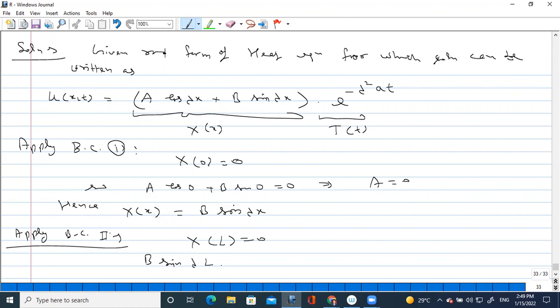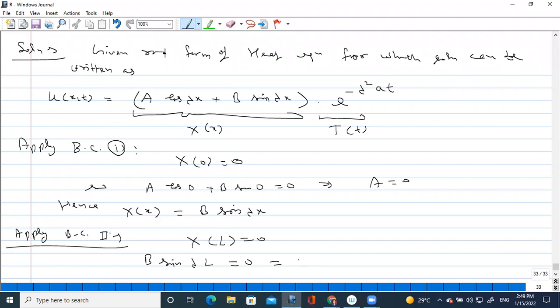B sin lambda L will be equal to 0. Now here b cannot be 0. If b is 0, then whole function will be 0. So that we cannot take, because a is already 0. That can never be possible. So only sin lambda L can be 0.